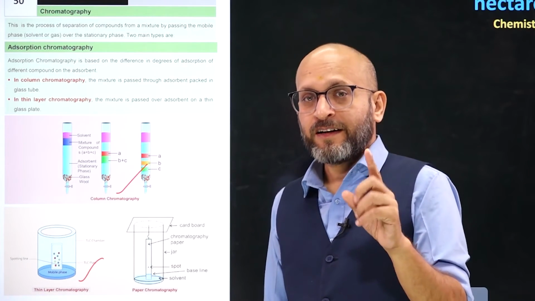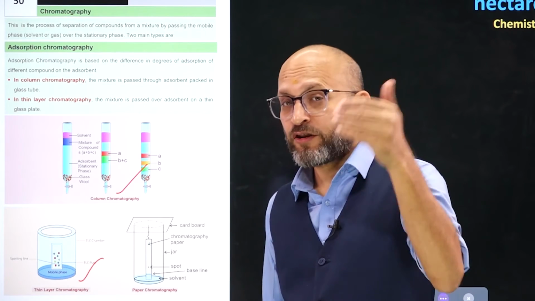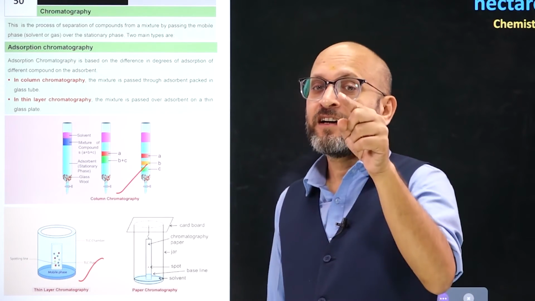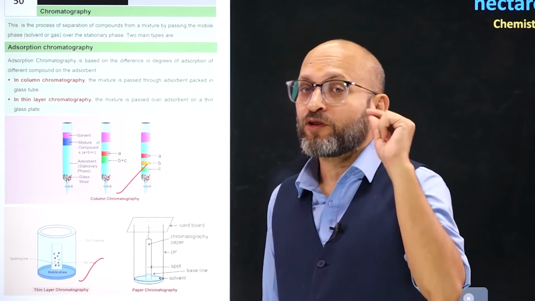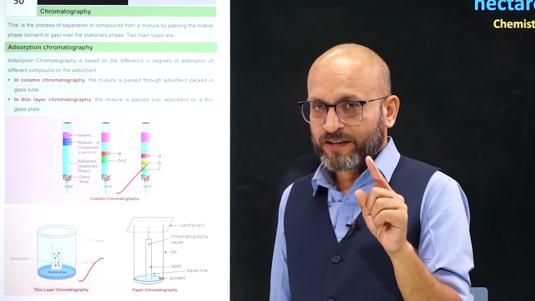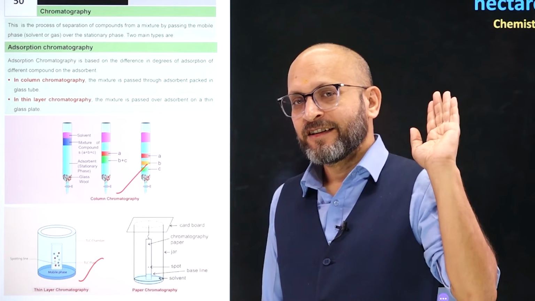So just remember, water molecules trapped in chromatography paper act as the adsorbent or stationary phase in partition or paper chromatography. Trapped water in chromatography paper is the stationary phase.